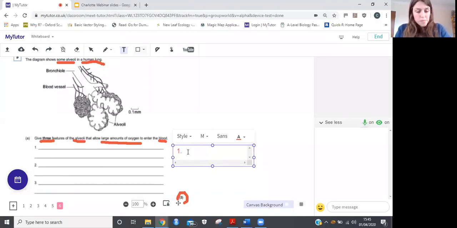So alveoli are small and there are lots of them in the lung.